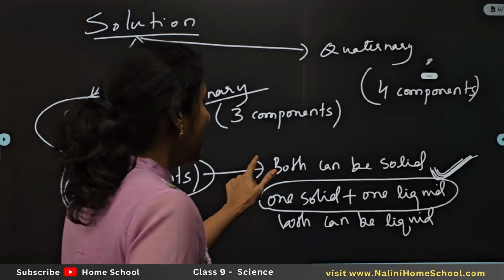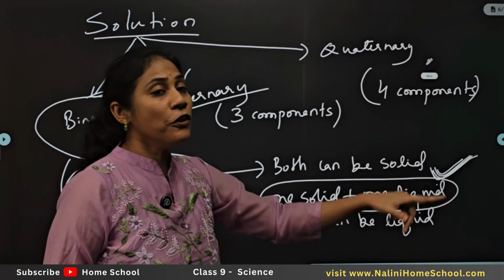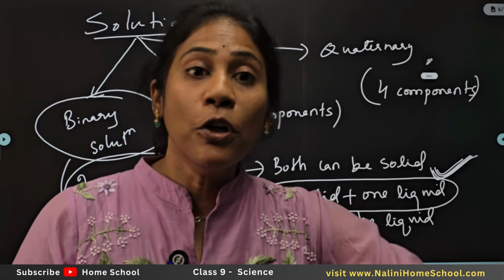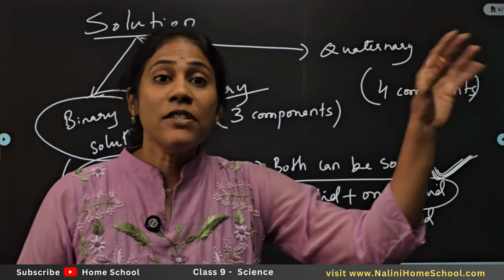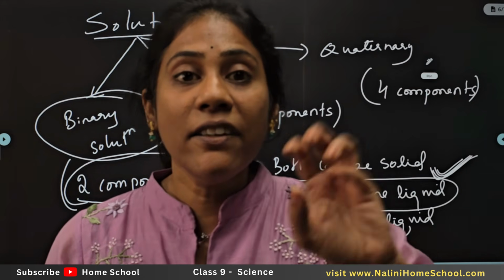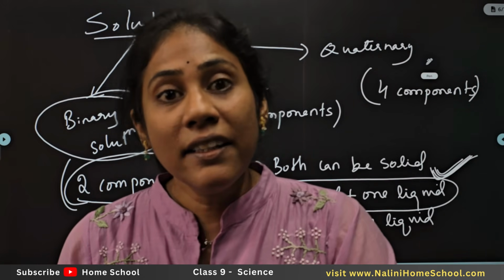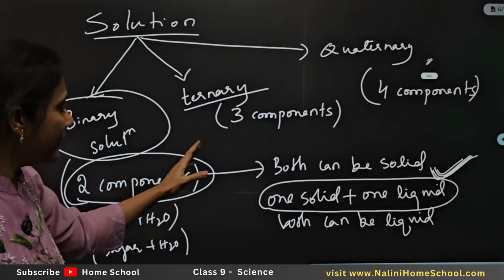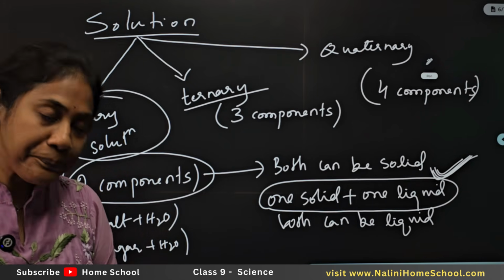It can be two components, both solid, both liquid, both gases, one solid and one gas, one liquid and one gas, or one solid and one liquid, anything. So understanding this idea is also very important.